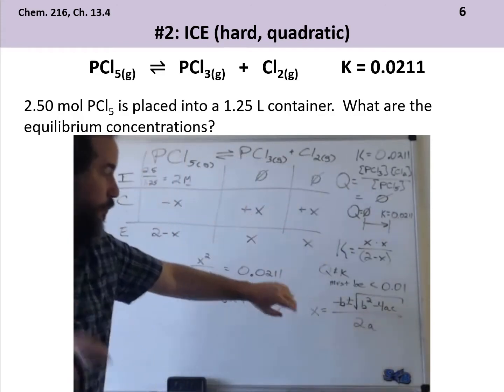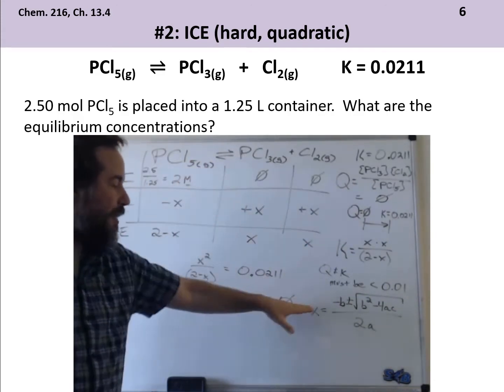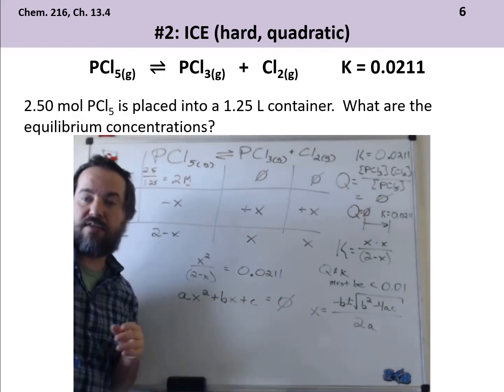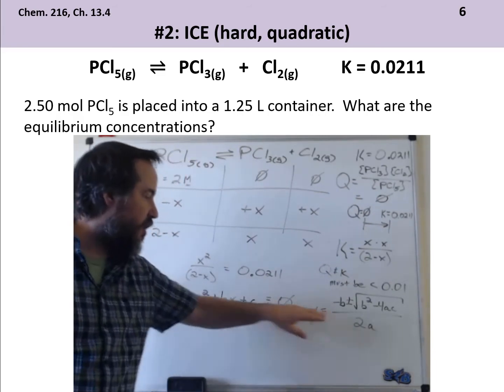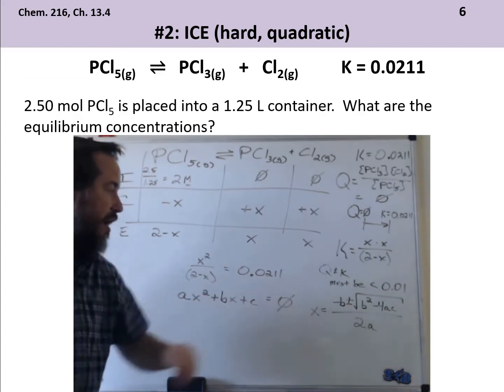I'll put this on the screen later. But this tells me if I put it in this form, I can solve for x. This comes from just rearranging this to solve for x, but we don't have to do that, because we have this equation.